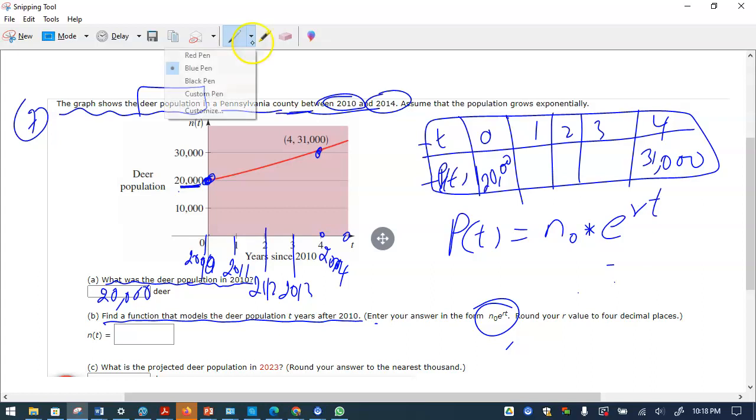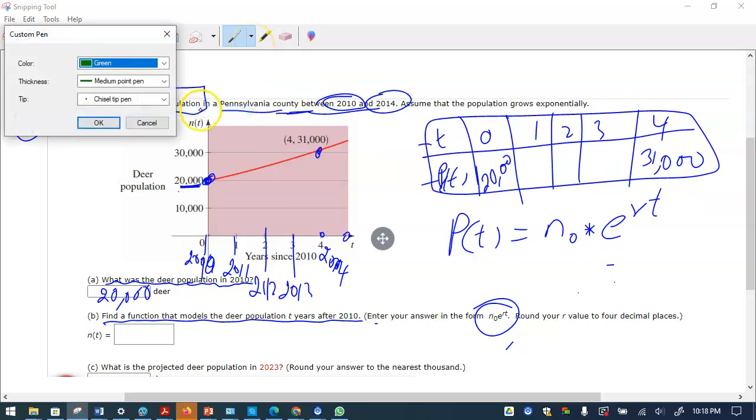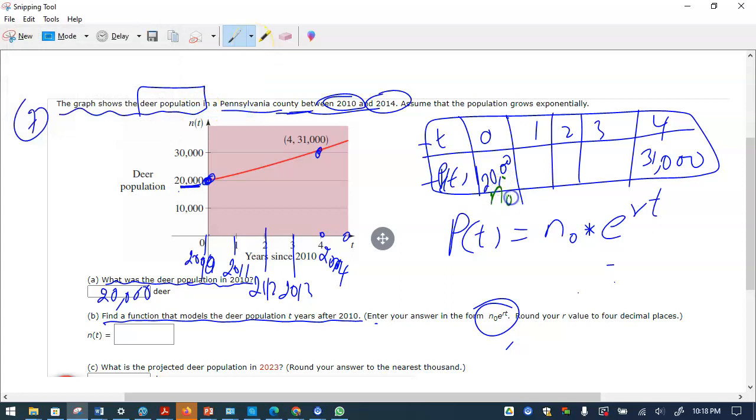So n naught is the beginning population, and this will be 20,000. No issue. But then the population has risen to 31,000. That means when t equals 4, counting 1, 2, 3, and 4, this whole thing is 31,000.